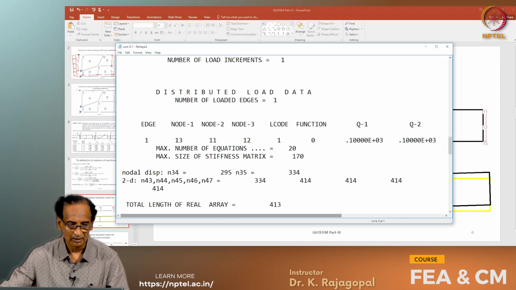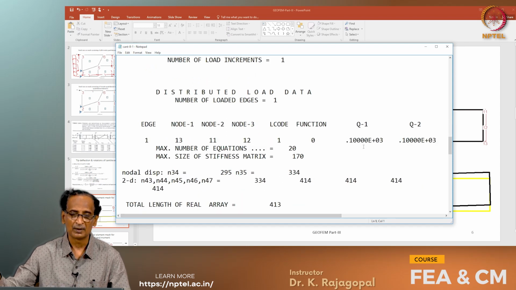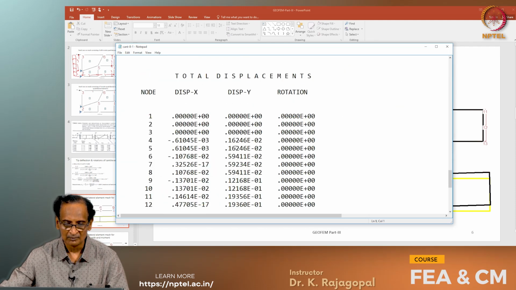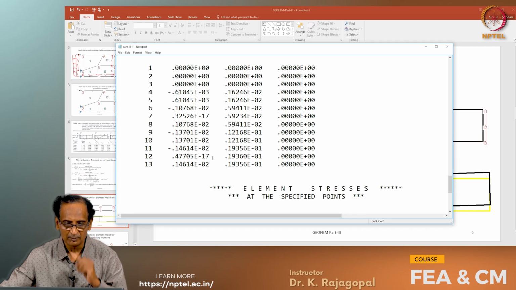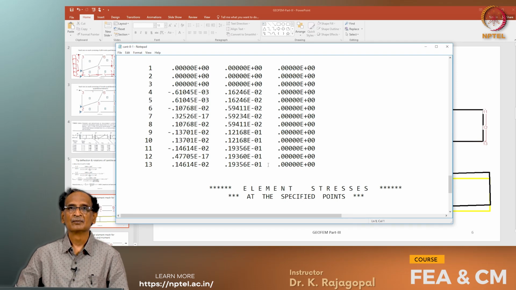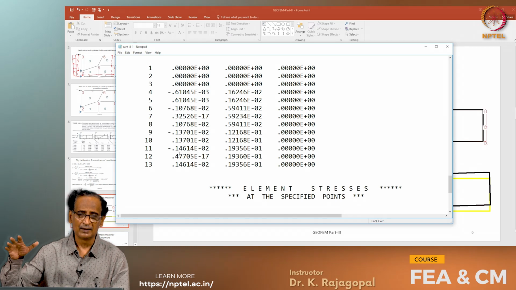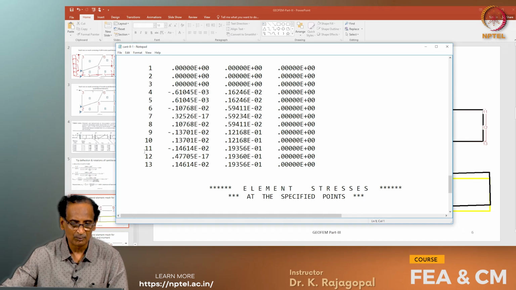and then the shear load of 100 is applied at the tip, and the tip displacement should be 0.02 but we are getting a reasonably good value like 0.019. And then if you look at the horizontal deformations, at the center point there is no horizontal deformation because that is a neutral point.